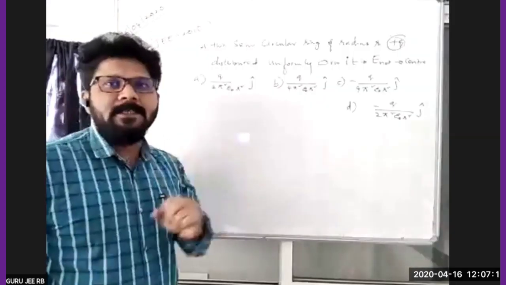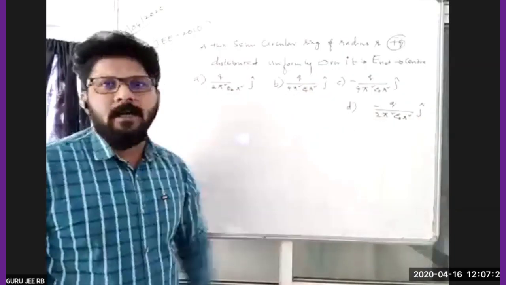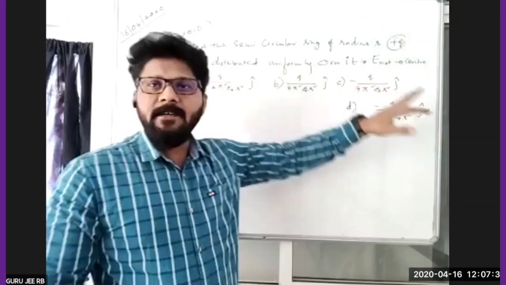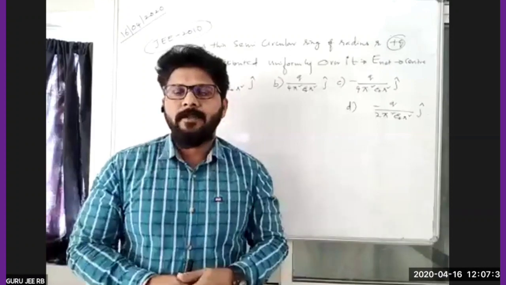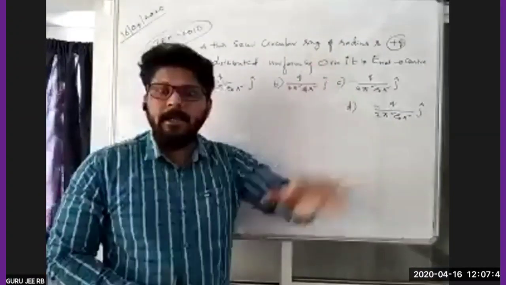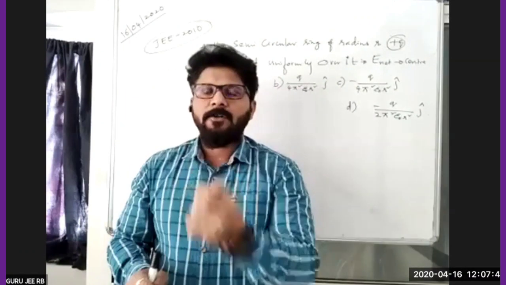What exactly is it asking? A thin semicircular ring of radius r, and positive charge is distributed uniformly over it. He is asking us to calculate the net electric field at the center of the semicircle.